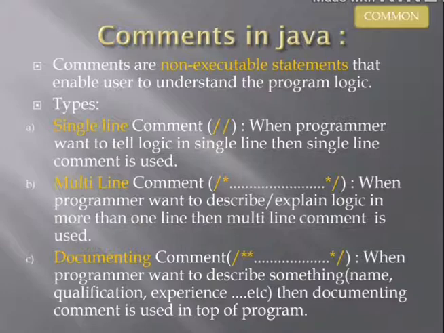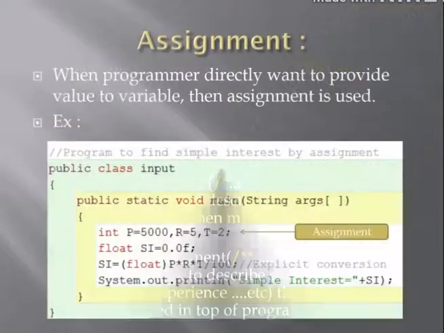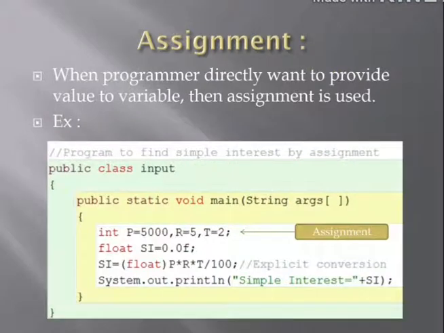And documenting comment is used when we want to introduce ourselves, share our experience, or share our qualification with our users. Basically, a documenting comment is always on top of our program. Multi-line and single line comments we can place anywhere, but always remember we have to place them with the logic part only. And then see, our programming starts from here.